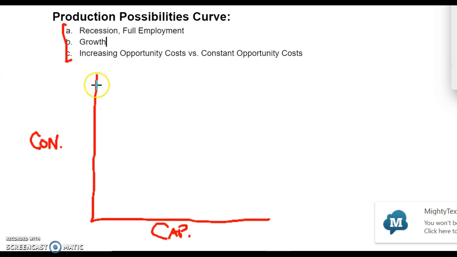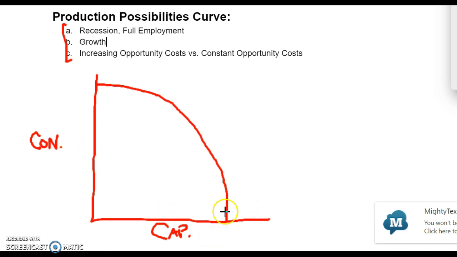So now I'm drawing my PPC. I'm going to show it as a concave curve, like so. The reason I show a concave curve is because of the law of increasing opportunity cost. The more I specialize in the production of capital goods, for example, the more I produce of those, the more consumer goods I have to give up. And the reason for this is because our resources are not interchangeable.